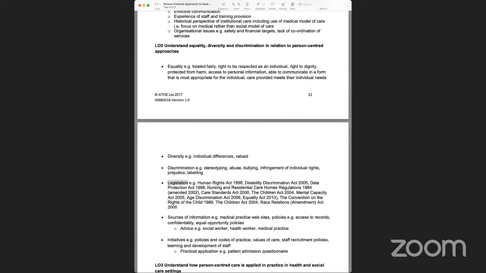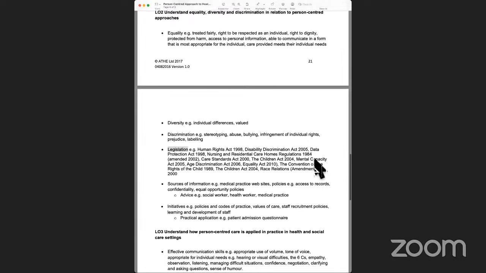We need to be aware of some of these key legislations which have been introduced over the years, and how observing these legislations and having an understanding of them, what guidelines have to be followed to ensure that when we deliver care or when we provide care to patients and to members of the public in this particular sector, we are making sure that we are not discriminating against race, religion, background, culture. We are ensuring that most people are treated fairly, and they are able to get a fair treatment with regards to receiving care which is required from the NHS.